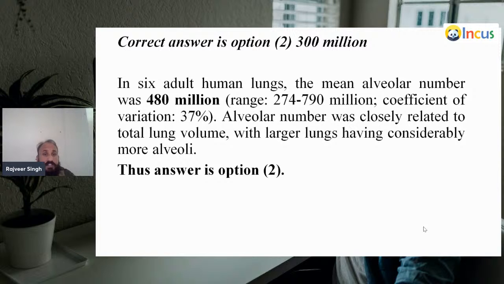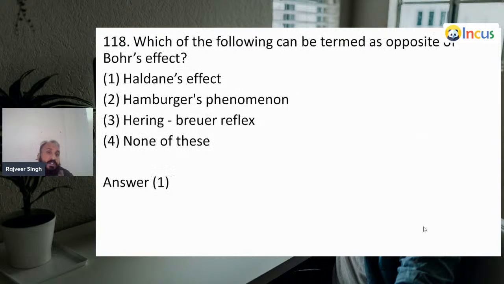Coefficient of variation 37%. Alveolar number was closely related to the total lung volume, with larger lungs having considerably more alveoli. So answer will be second, 300 million, not billions, this is millions.